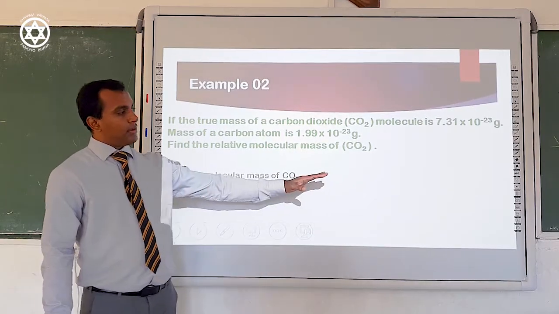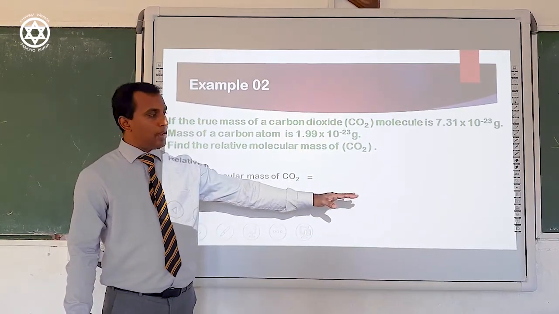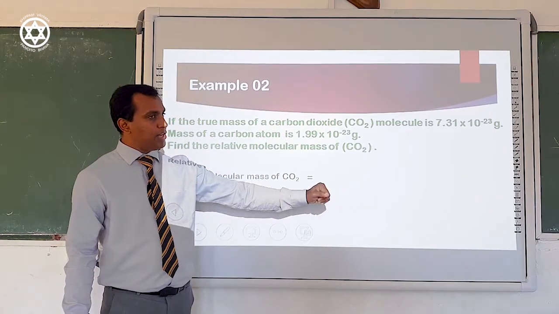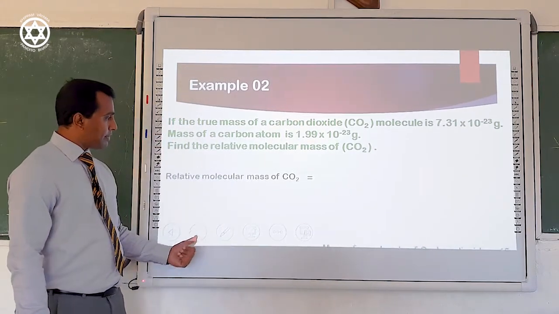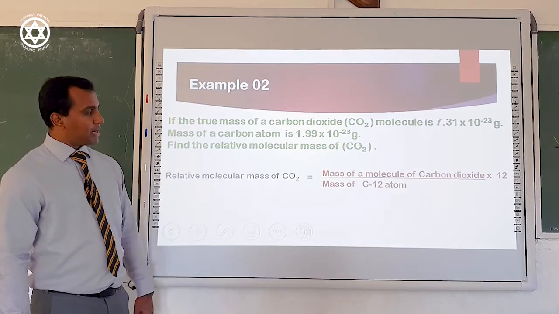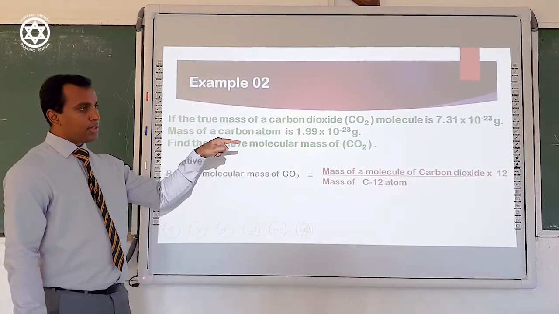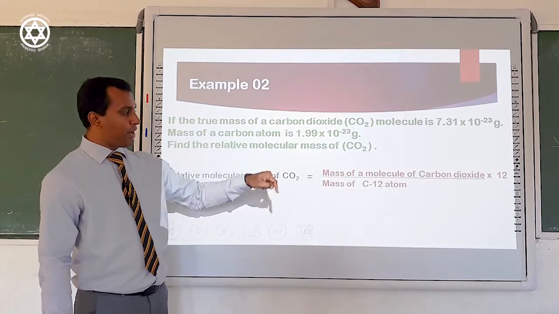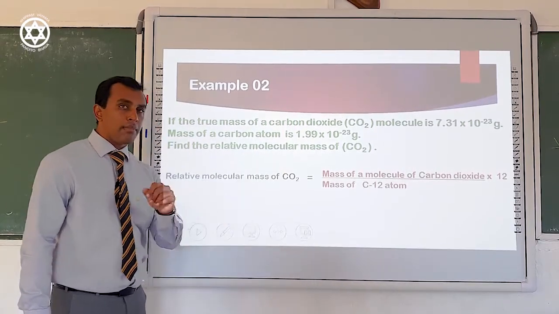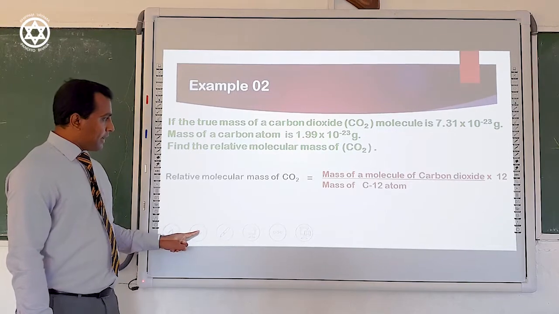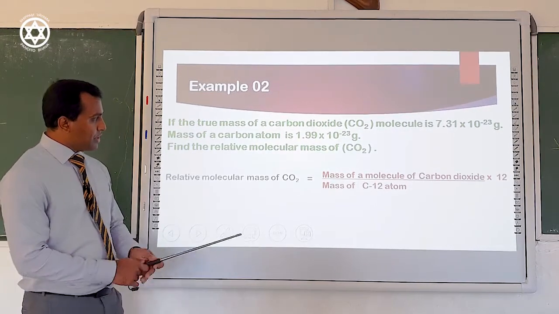In the equation, the denominator must be the mass of a C12 atom. The numerator must be, since it is a molecule and we are finding the mass of a molecule, the mass of a molecule of carbon dioxide. Let's see the values of each.